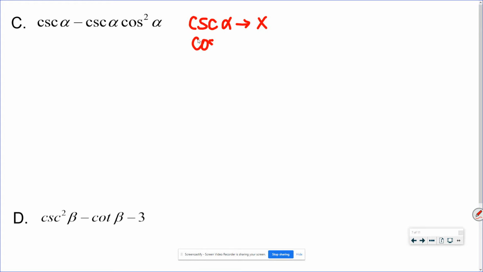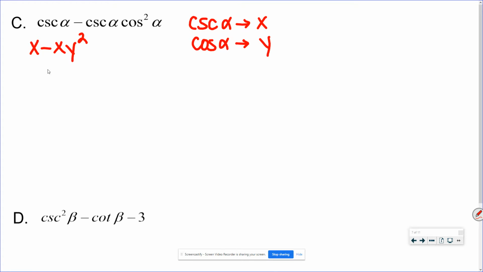And then we've got a cosine that we'll maybe change to a y or something. Okay, so let's rewrite this. Instead of cosecant, x, and instead of cosine, we're putting y. Okay, so that's going to be x minus xy squared.